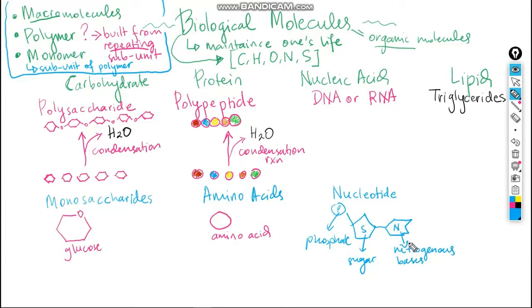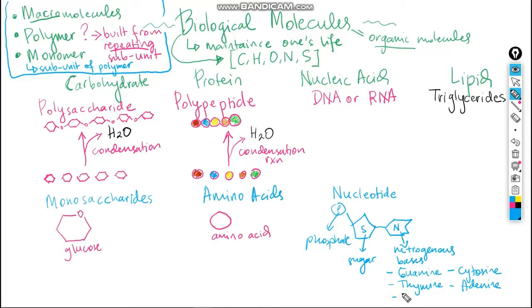The first nitrogenous base can be guanine combined with cytosine, and thymine combined with adenine in DNA.